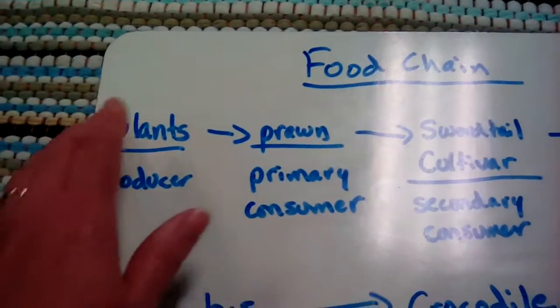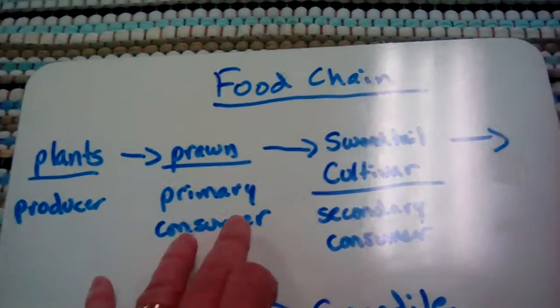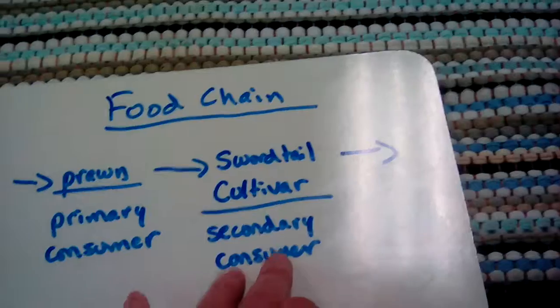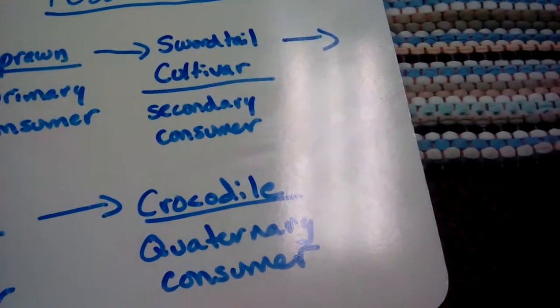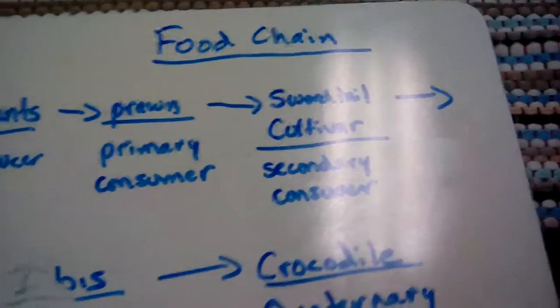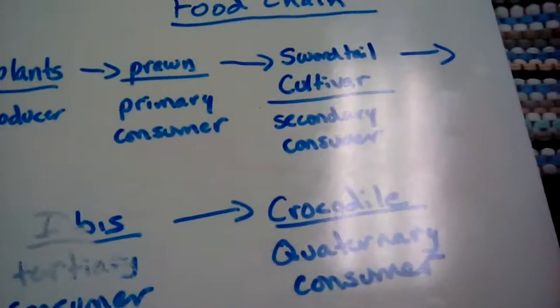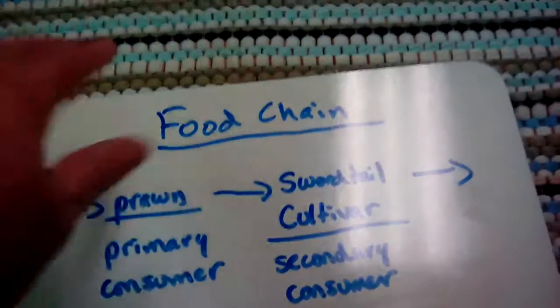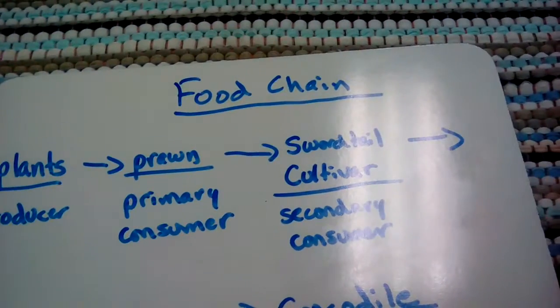So for example, we have the plants, right? Mangrove plants, and those are the producers. Then just like I said, we have the primary consumers, the secondary consumers, the tertiary consumer, and the quaternary consumer. So that's all you have to do, is write these down in your notebook as a food chain, okay? Make sure you've got the title at the top, and I would like you to do 2 different food chains from 2 different biomes.